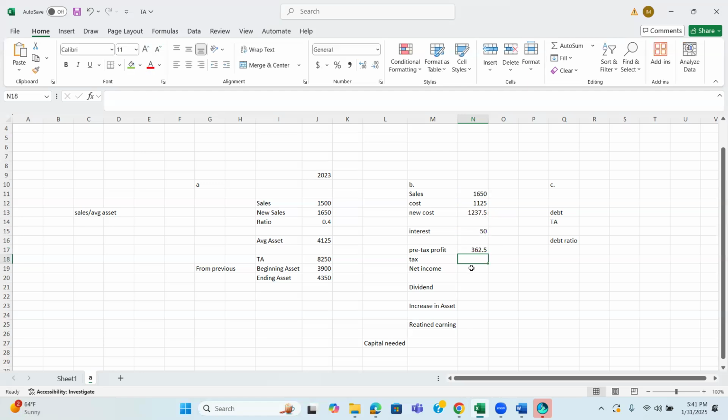You can get your pre-tax profit for this year, 362.5, and the tax rate is 40%. So we can get the value of pre-tax profit and we adjust the tax rate. So we have 145 for the tax. Thus the net income after tax should be the pre-tax profit minus the tax value, and this one is your net income after tax.